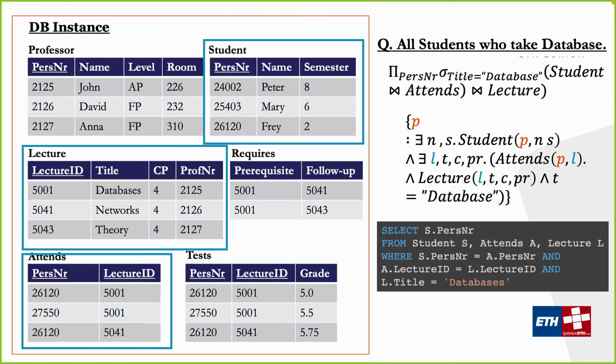Then you filter all the tuples by L.title, the title attribute of the lecture relation, equal to database. And then you do a projection, only keeping the personnel number of the student relation. They pretty much give you that relational algebra expression, and that's actually something you can do in a database. So far, so good, right?